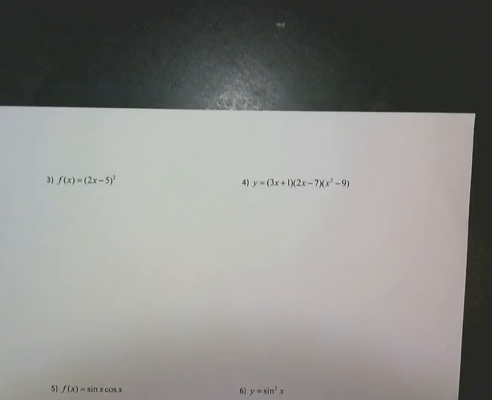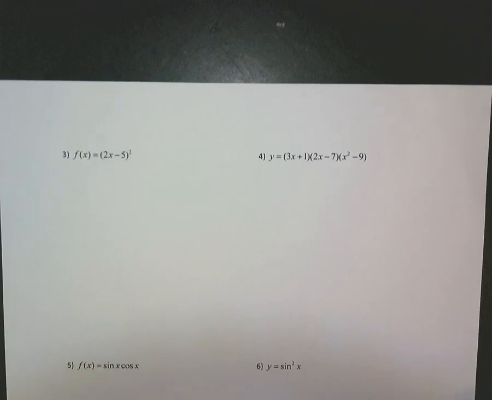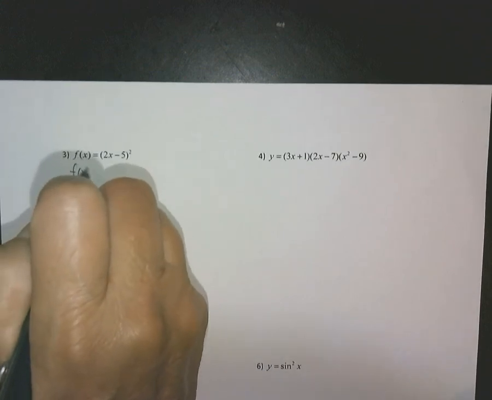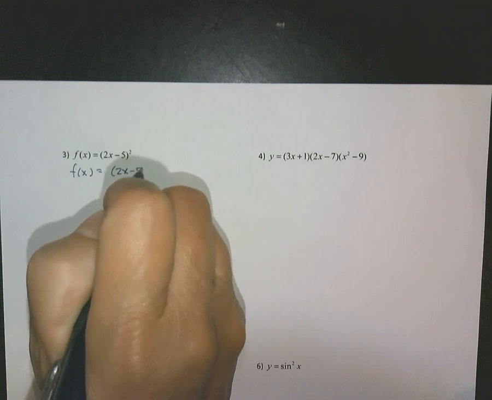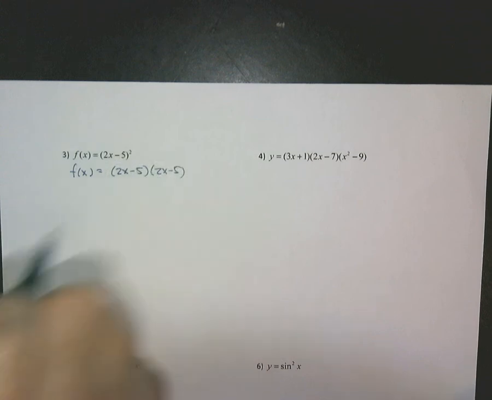Let's do a couple more examples. This 2x minus 5 squared. Right now I'm going to teach you how to do it with a product rule. Later on I'll teach you how to do it with a chain rule. What this means is f of x is going to be 2x minus 5 multiplied by 2x minus 5.